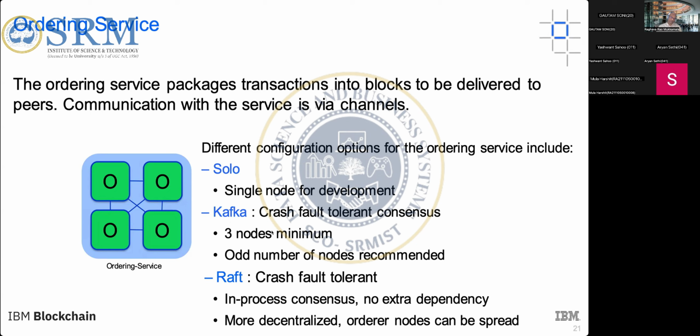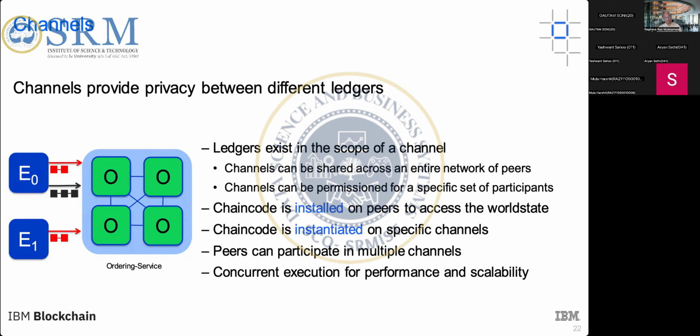You need a minimum of 3 nodes, because remember, based on the fault tolerance mechanisms, sometimes nodes can be malicious, which is Byzantine tolerance. But here you focus on fault tolerance. And there is also another consensus mechanism, Raft. Then you have a much more in-process consensus and no extra dependency, more decentralized. It's a very complicated consensus mechanism.